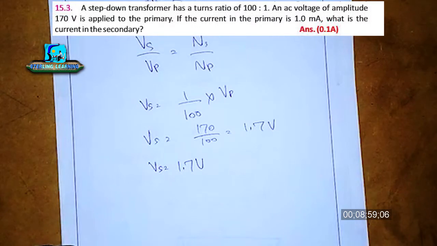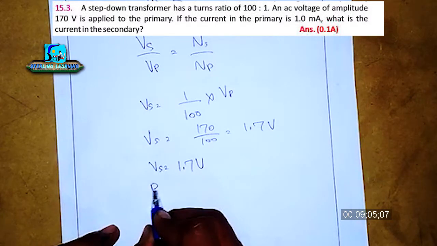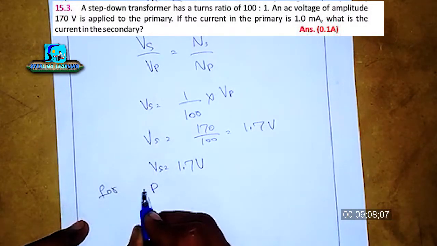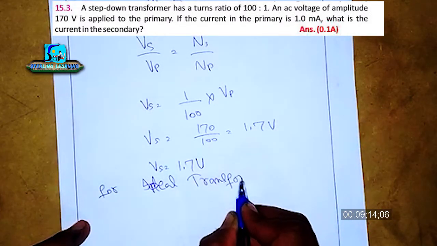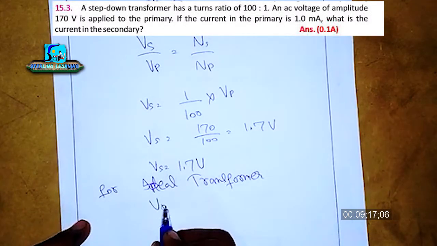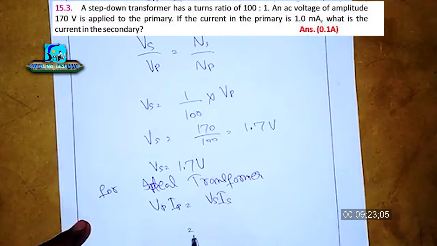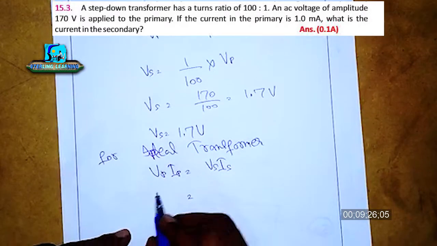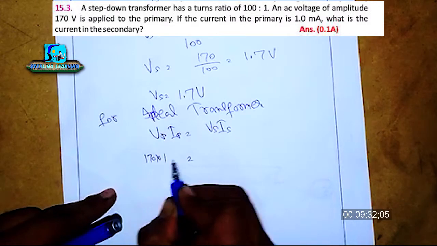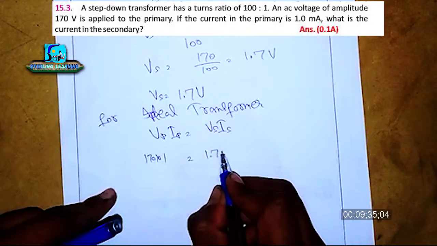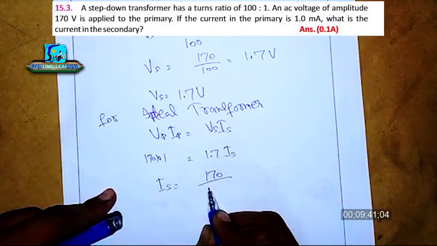Now we have to calculate Is, since Ip is given. So we know the powers for an ideal transformer: Vp Ip equals Vs Is. Vp we know is 170, Ip is 1 milliampere, and Vs we know is 1.7, and Is is to be calculated. So Is is equal to 170 into 1 milliampere over 1.7.